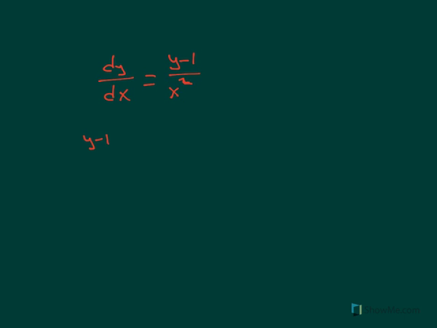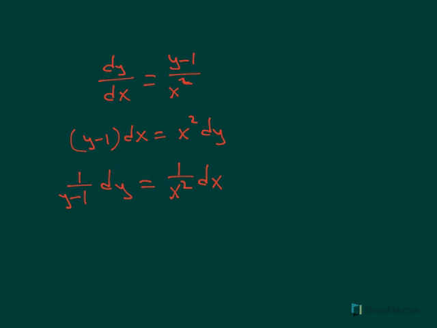So (y minus 1) multiplied by dx equals x squared multiplied by dy. And you're going to have to divide both sides by x squared to get the x squared over with the dx, and divide both sides by y minus 1 to get it over with the dy. So you're going to end up with 1 over (y minus 1) dy is equal to 1 over x squared dx.